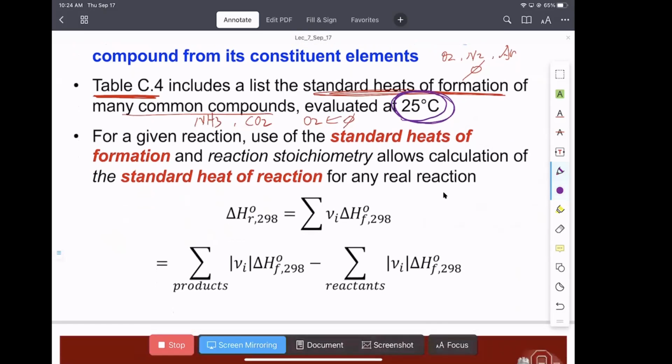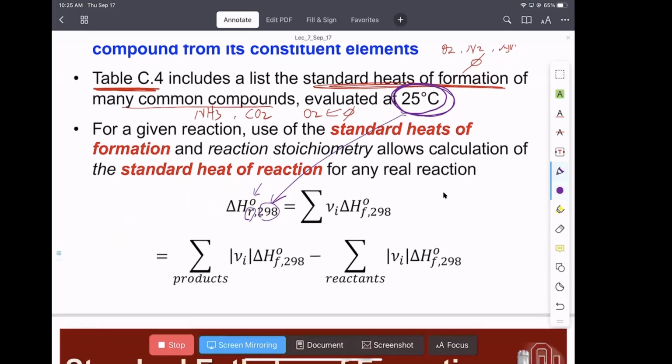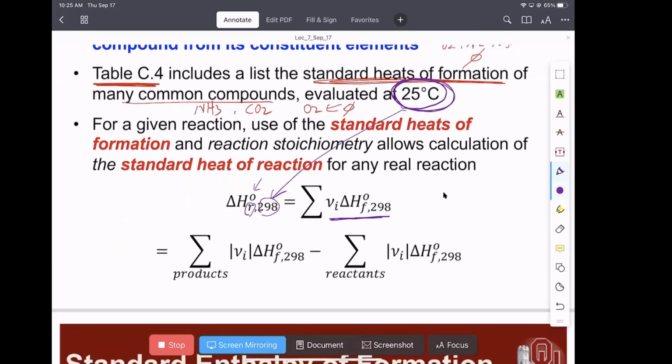So you can see that now if we look at the standard heat of reaction, that is the standard sign, R is for the reaction, and that is the indication of the 25 degrees C, where those values are coming from in the appendix. And that is the working equation. You need to keep the stoichiometry values negative for reactants and positive for the products.